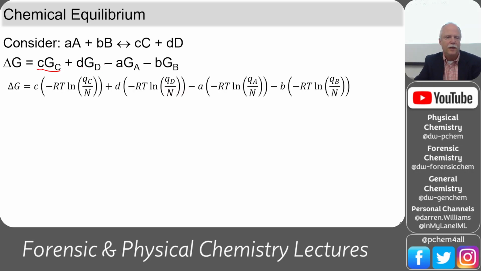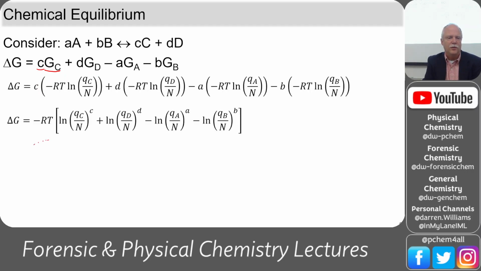Okay. And so we end up with this Gibbs energy equation. And we can move those numbers of moles over here as exponents. So we have minus RT times the natural log of this Q_C over N raised to the number of moles of molecule C, the number of moles of molecule D, etc. And then we have products minus reactants.